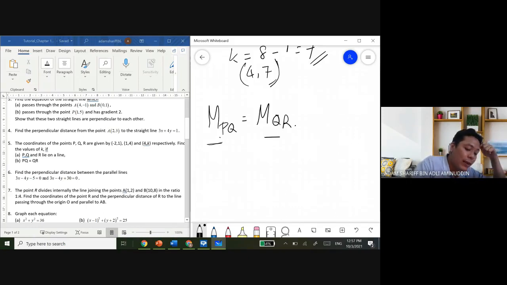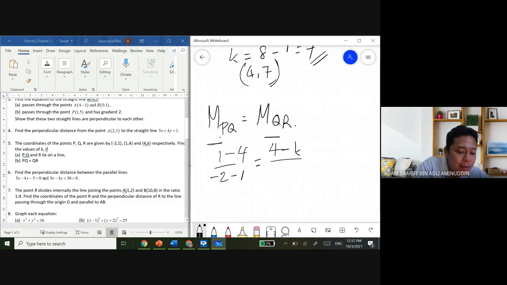Kalau kamu guna kecerunan yang kita dah dapatkan tadi, kecerunan dia berapa tadi? MPQ sama dengan 1 tolak 4 per 2 tolak 1... Yang ni pula kamu kena cari 4 tolak K per 1 tolak 4. Okay, saya try kejap kamu punya idea ni.